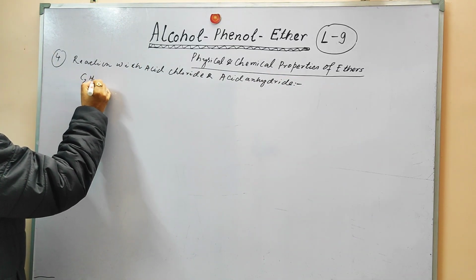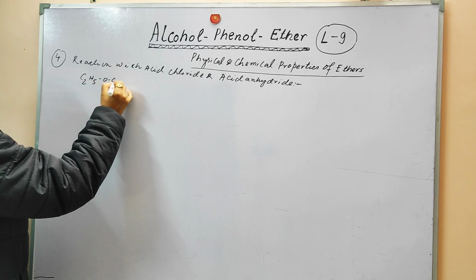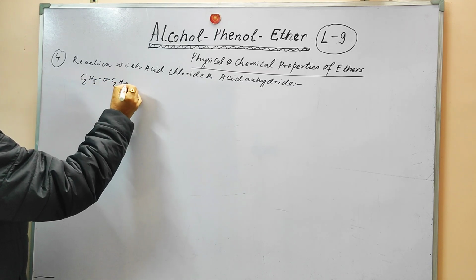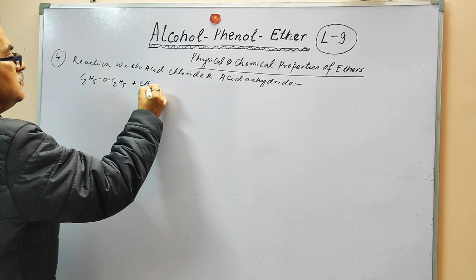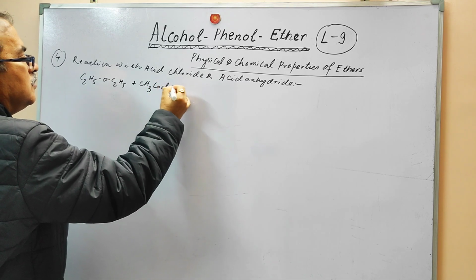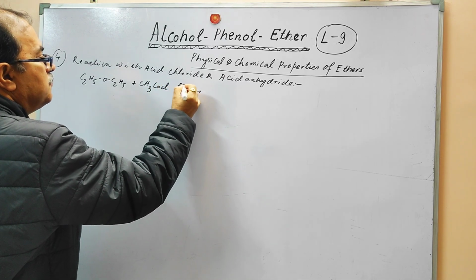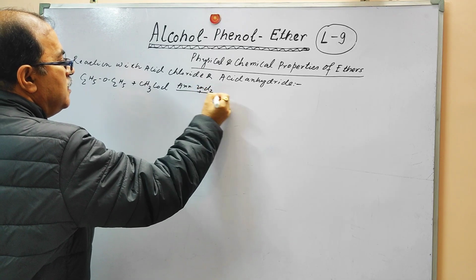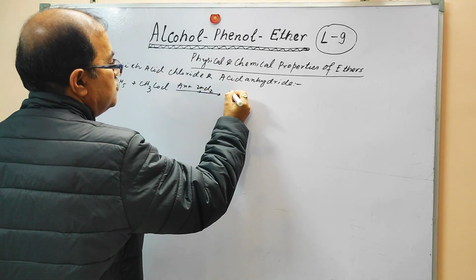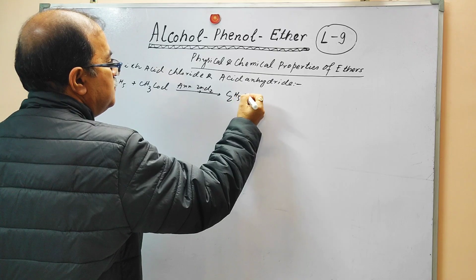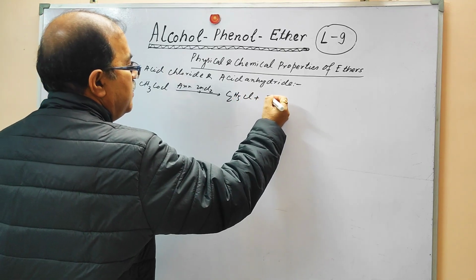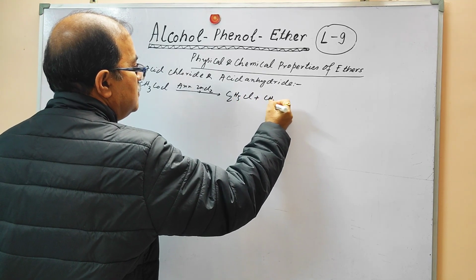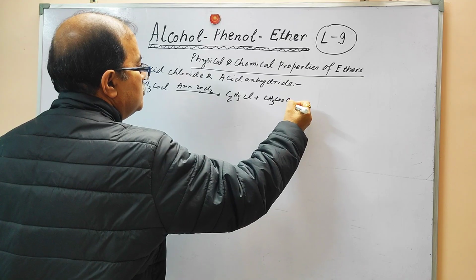We are taking diethyl ether plus CH3COCl in presence of anhydrous ZnCl2, and it is going to produce C2H5Cl and CH3COOC2H5.